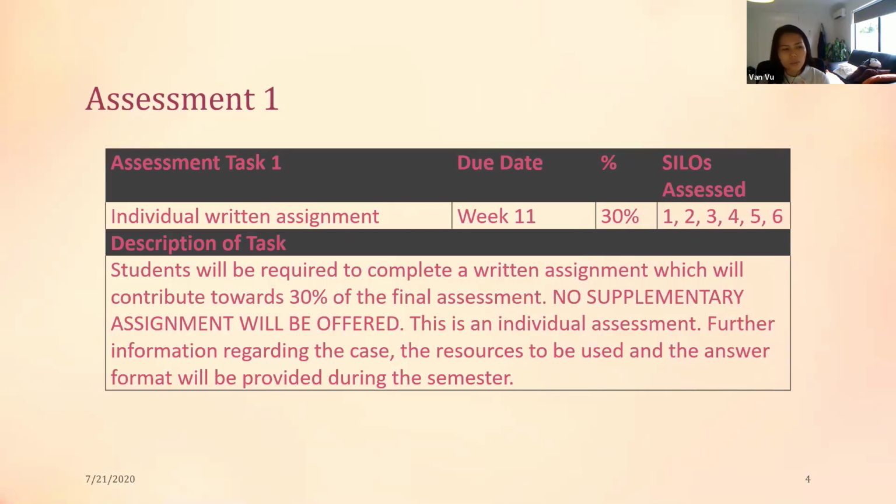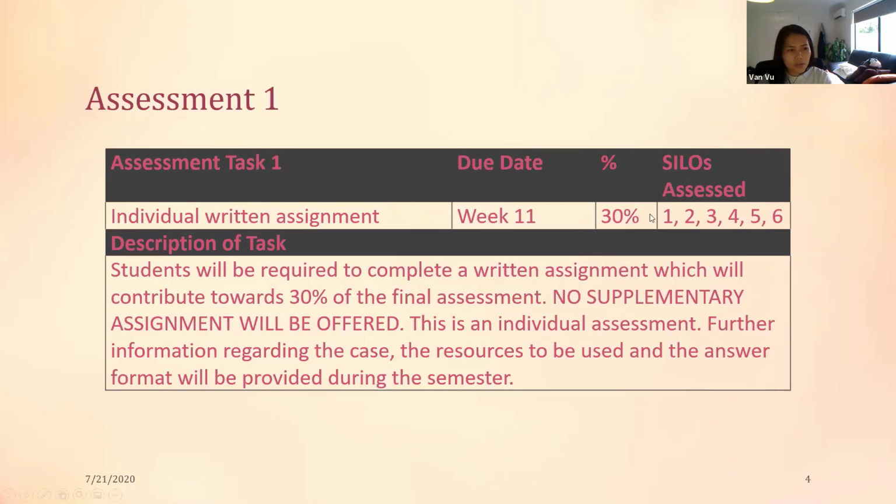You'll assume the role of a financial analyst and look at a company that has international businesses, and analyze the foreign exchange rate risk exposure of that company. We'll talk more about the assignment later in the course, but I will release it around week 6 or so, so that you have about a month to do it.